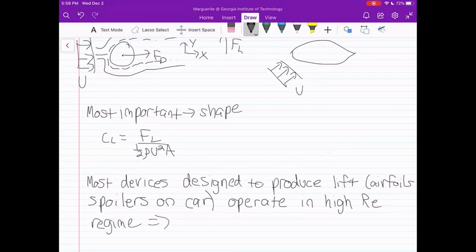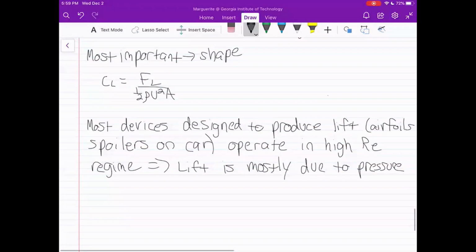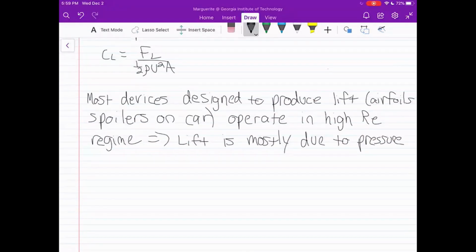And in these regimes, our lift is mostly due to pressure.